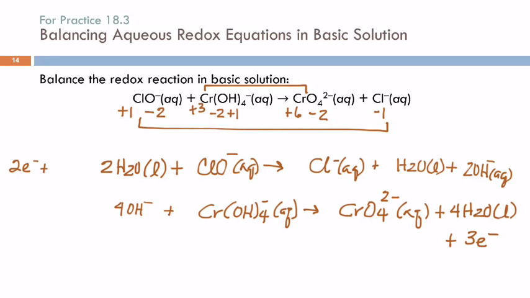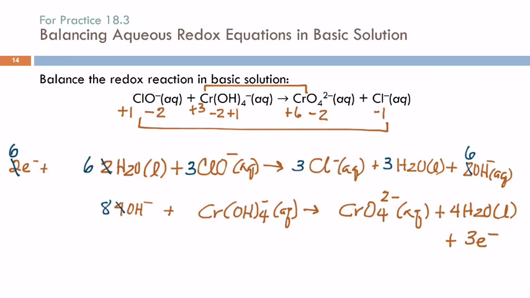So we need to multiply the top one by 3 to get the same number of electrons on each side. So that's going to be 6 and 6 and 3 and 3 and 3 and 6. Here I need to get 6 electrons also, so I'm going to multiply everything by 2.